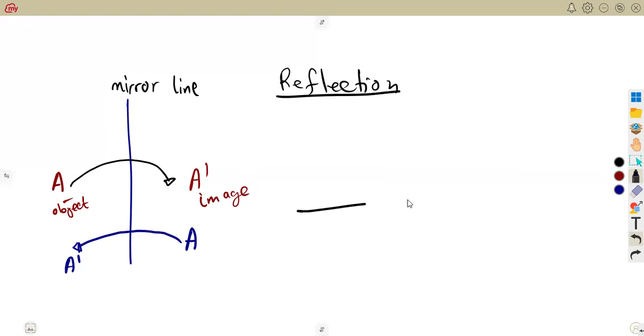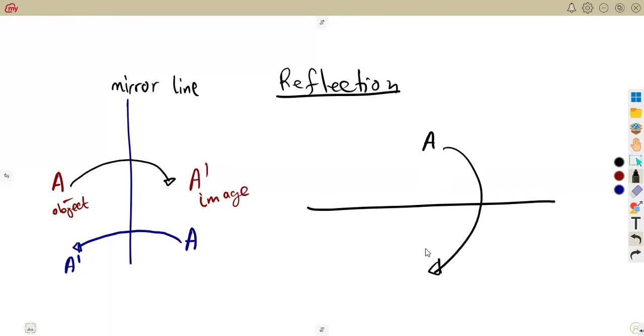If you consider maybe we've got a horizontal mirror line like this, if A is on this side, its image will be found on the other side. You won't have a condition that A is here, then its image is also there, the same size, same side. No, it's impossible for a reflection.